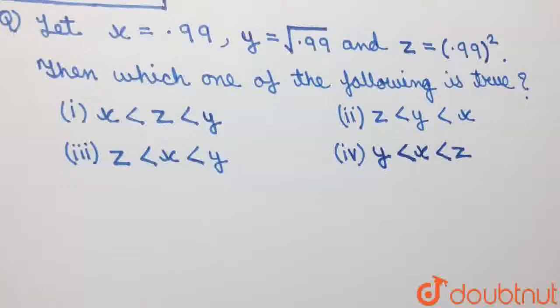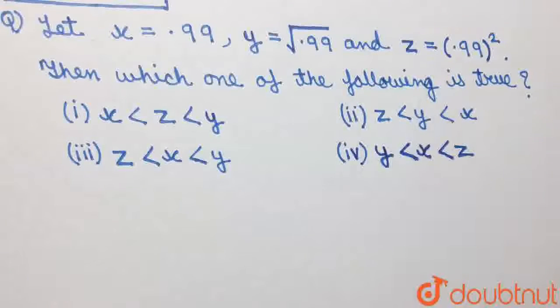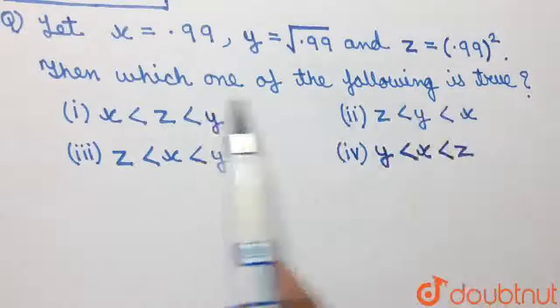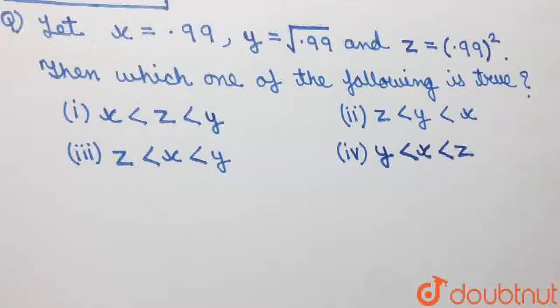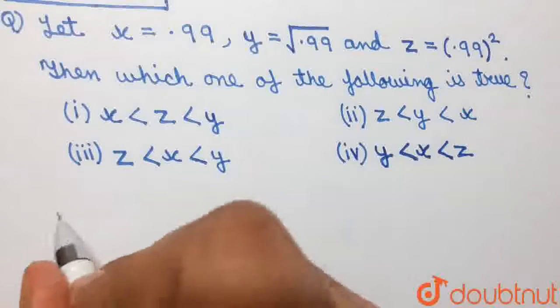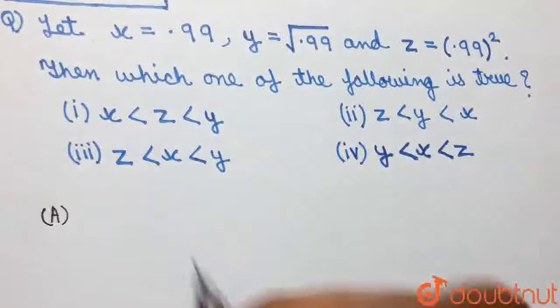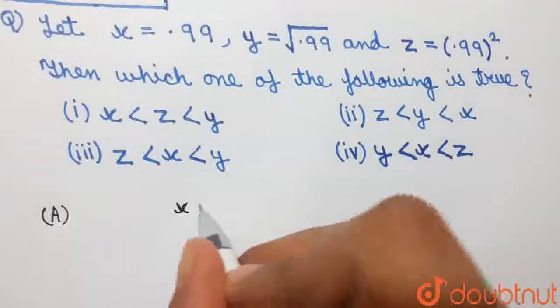Okay. So in the question, the values of x, y and z have been given and we have to compare the values. Okay. So writing down the values, starting with x. X has been given to be equal to 0.99.